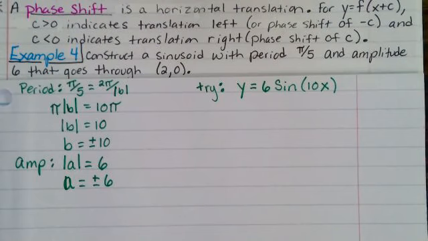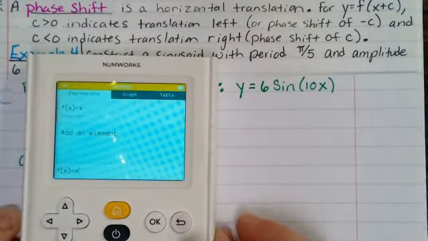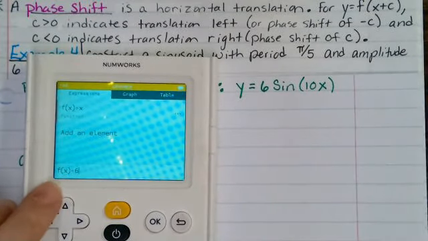So for my first equation, I'm trying to get my calculator to be working with me this morning. Okay, I'm going to try typing in y equals, let's try 6 sine and then 10x.